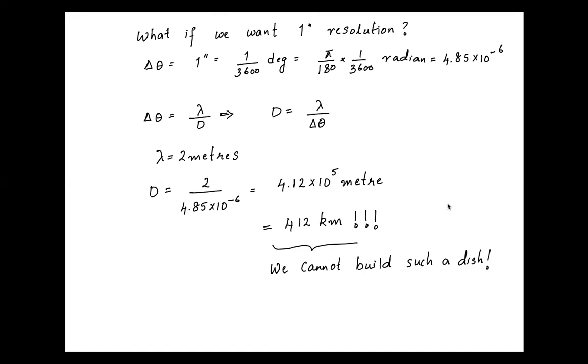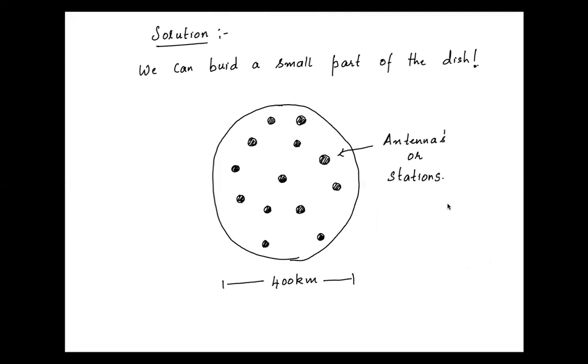So we do the next best thing. And the next best thing is we imagine that you have an aperture which is hundreds of kilometers in size. We can't take over all the land within hundreds of kilometers. Even if we did, we won't be able to build detectors which cover the entire region.